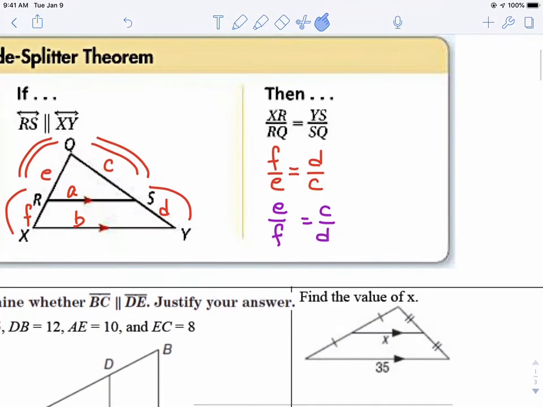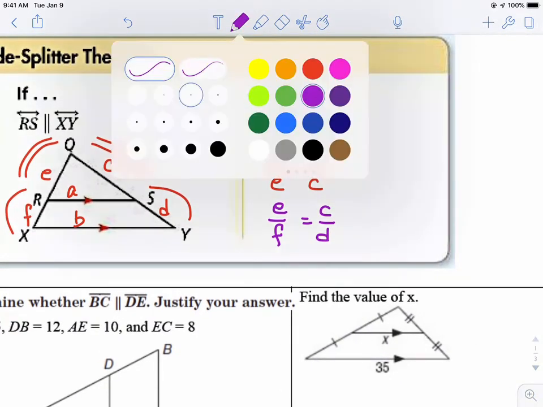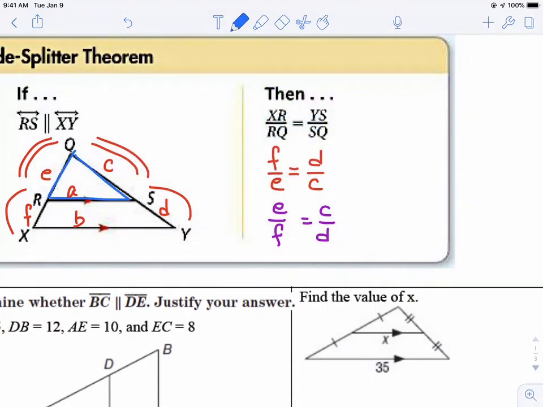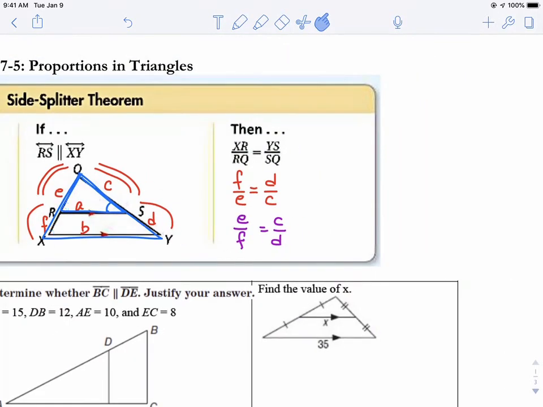And we still have similar triangles, so it's still true that triangle QRS is similar to triangle QXY, and that's because if the lines are parallel, then you have corresponding angles that are congruent, so the triangles are similar by angle, angle. So you can still use the idea of similar triangles.